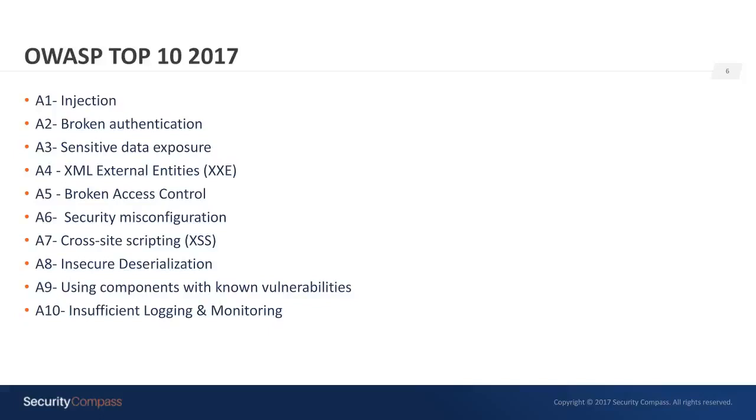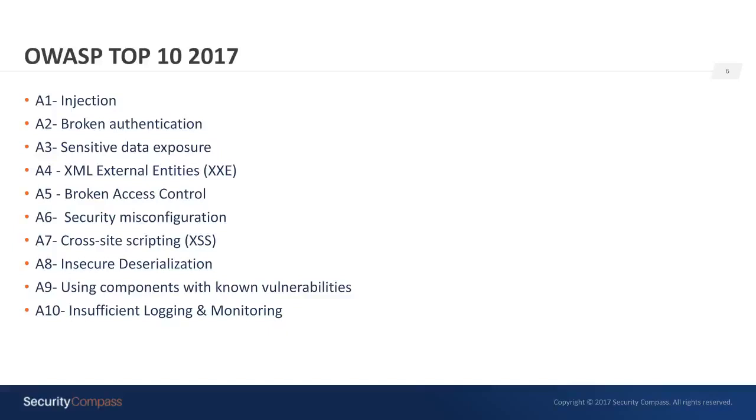I would not be covering each one of the vulnerabilities in there because that's not the focus of this talk. But the interesting part to note is that even the latest list, which incorporates all the advances in technology, such as single-page web applications and microservices, was looked at by OWASP contributors.